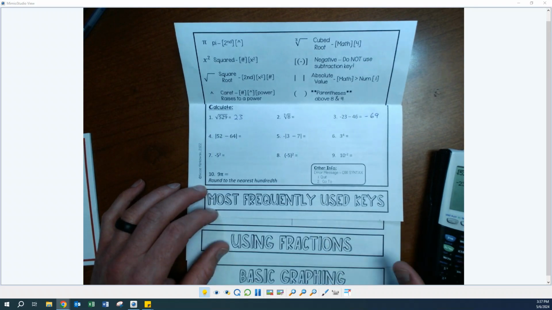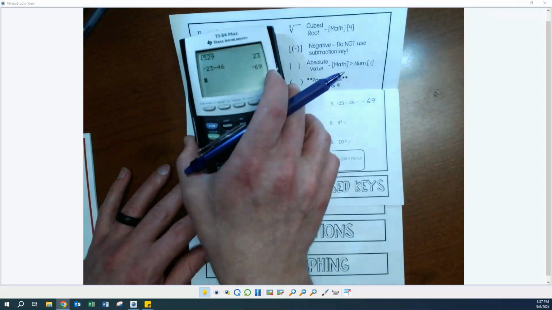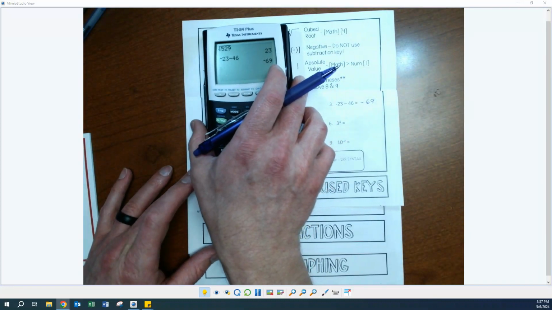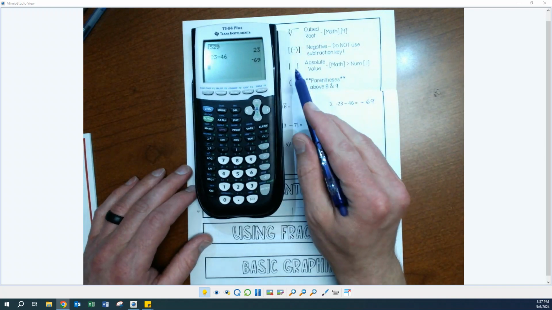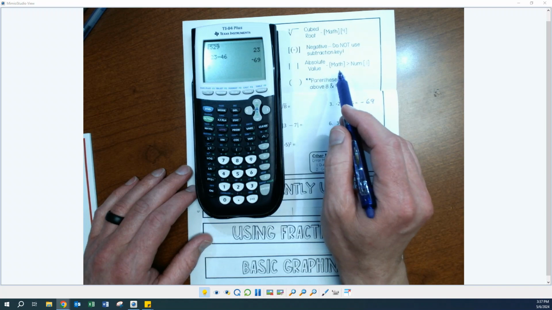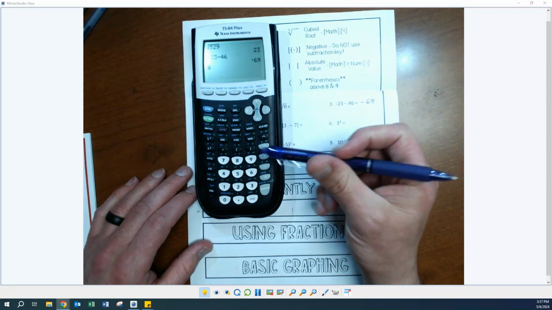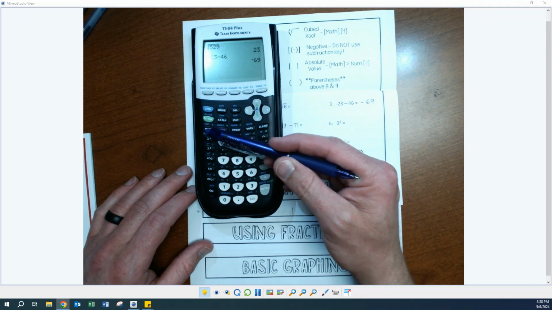Absolute value can kind of throw us for a loop, and it requires us to get into a menu in order to do it. In order to find the absolute value function, which is this function that has these vertical lines, we hit the math button. Right here, underneath second and alpha, we have the math button.